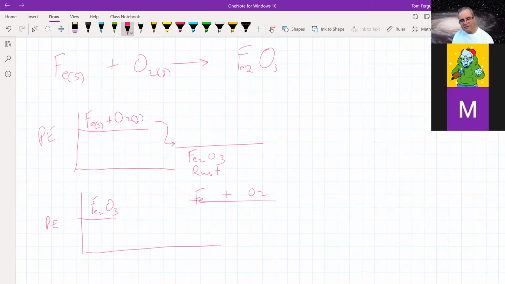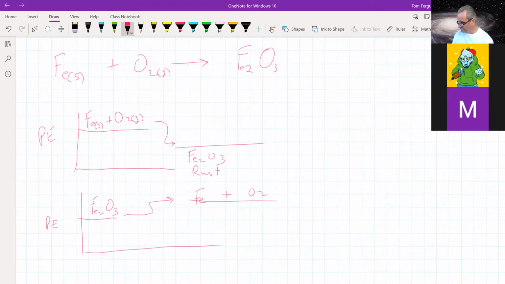And so you can get rid of rust by converting the rust back to bare metal with electricity. So if you ever want to restore something rusty, you can actually put a current on it, like a battery charger or something, a direct current, DC. You can actually reclaim the rust back into the original iron. But it requires energy because the rust is more stable than the iron by itself and the oxygen by itself. So this is going uphill.